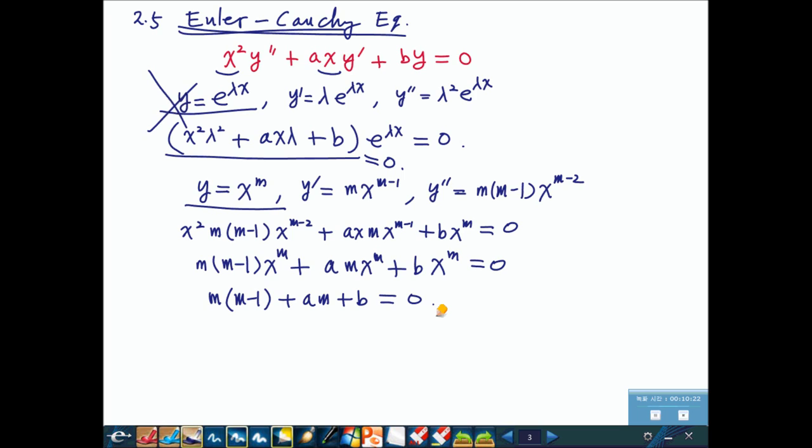Okay, so you have a different type of characteristic equation. And you need one more step, which gives m squared plus (a minus 1) m plus b is 0. That's the characteristic equation.